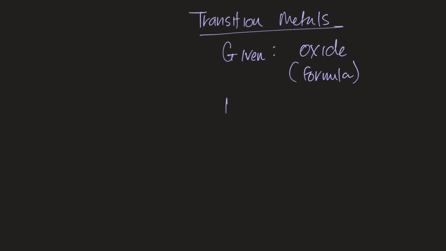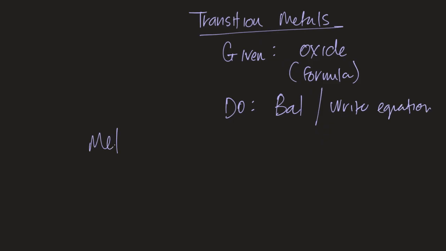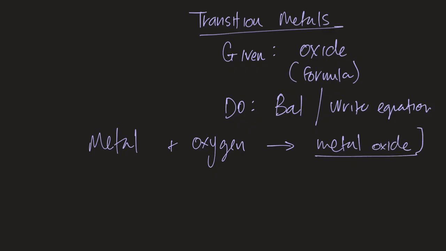What you need to do is be able to balance and write the equation. Now the equation is always the same. It's the base equation: metal plus oxygen is going to give you a metal oxide. So I'm going to give you all the metal oxides of the transition metals that you may be introduced to.